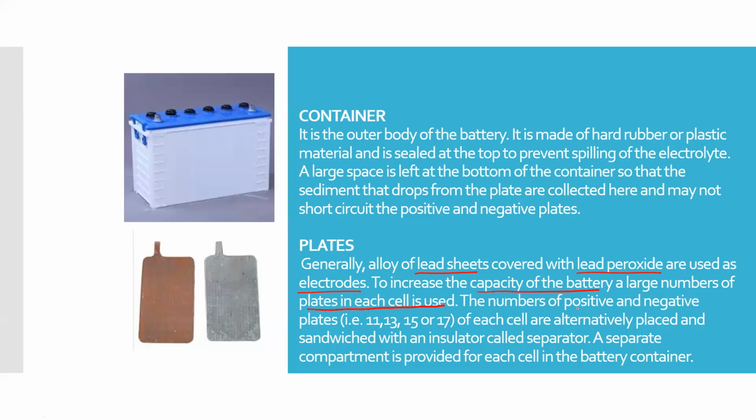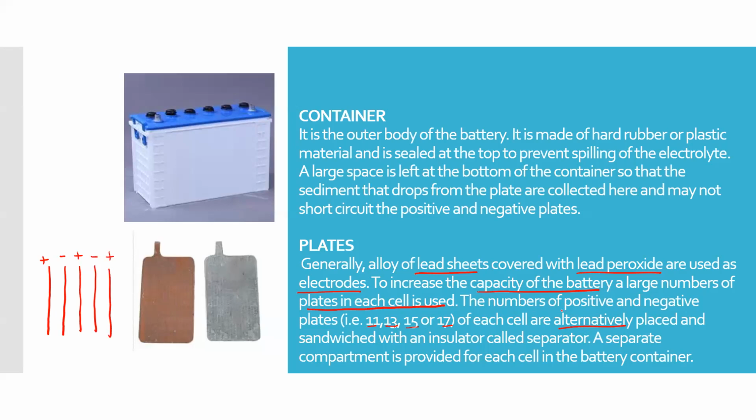So that means there are a number of positive and negative plates, like 11, 13, 15 or 17. And all those plates are connected. That means they are placed one after another, alternately. You place a positive plate, then a negative plate, then a positive plate, then a negative plate, then positive, and so on.